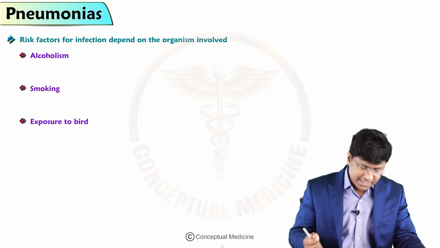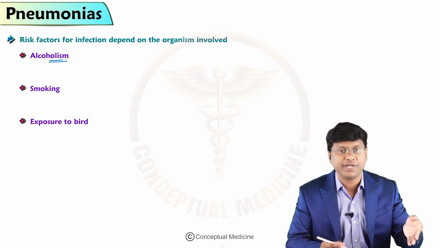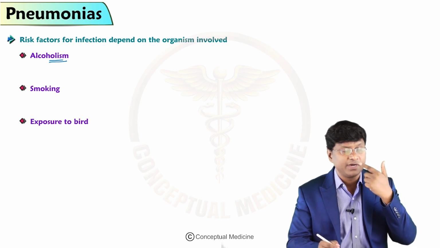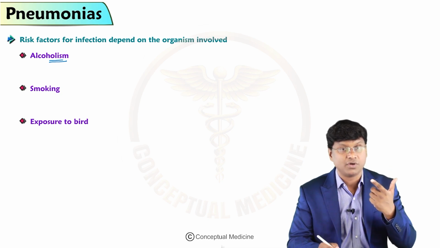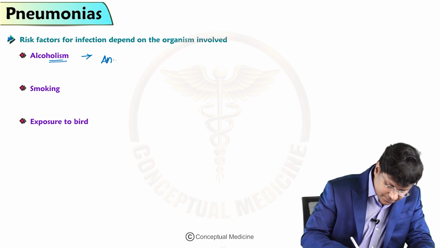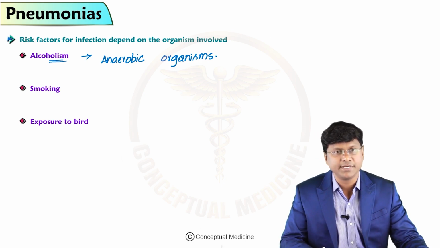For example, if the individual is alcoholic, the chance of aspiration is very common. Once there is an aspiration, what will be the organism in the mouth? It is anaerobic organisms. So in alcoholics, anaerobic organisms will be causing the pneumonia.